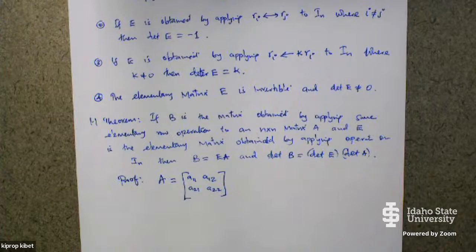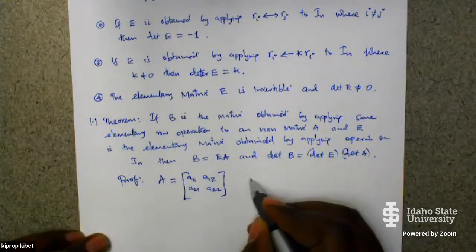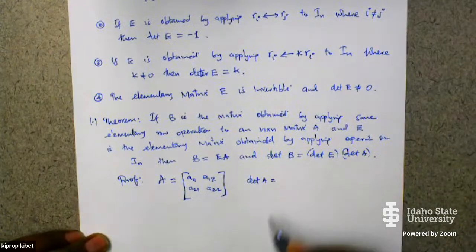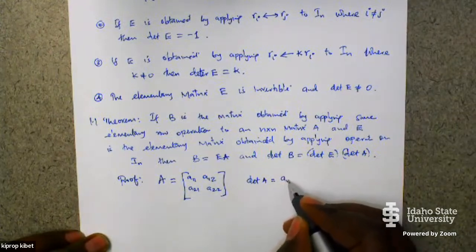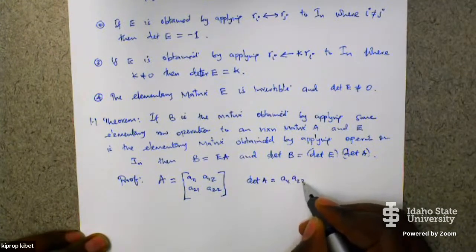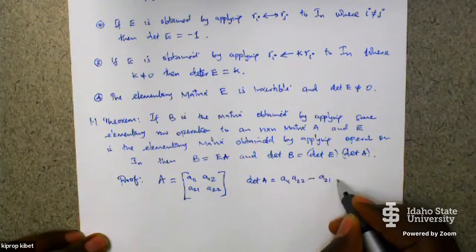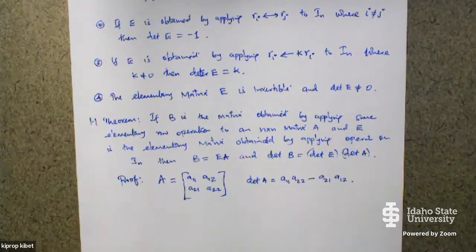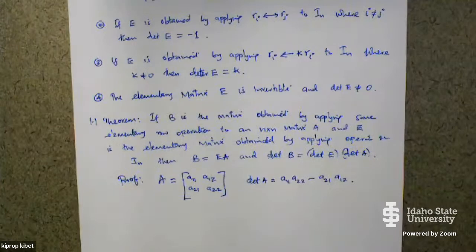Now, the determinant of this A is equals to what? It is equals to A11 A22 minus A21 A12. Okay. So that is the determinant of that matrix. You multiply this minus this.